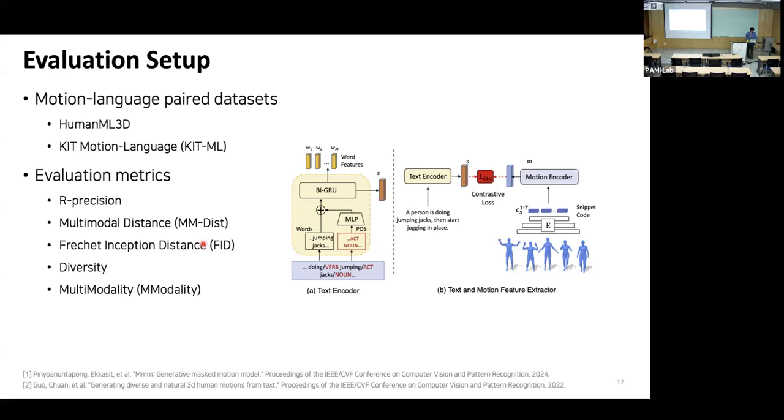Diversity measures the variance of generated motions across all the data distributions. And finally, multimodality represents the average variance of the motion from a single text input. So from a single text input, they generate multiple motion sequences and compute the Euclidean distance between the generated motions.